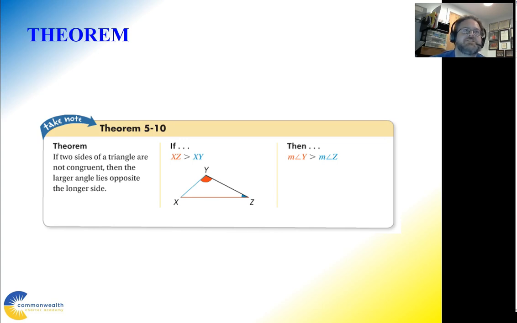I'm not necessarily going to know their actual measurements unless I'm told which angles go with which measurements, but I can tell which ones are going to be greater based on what they're opposite of.